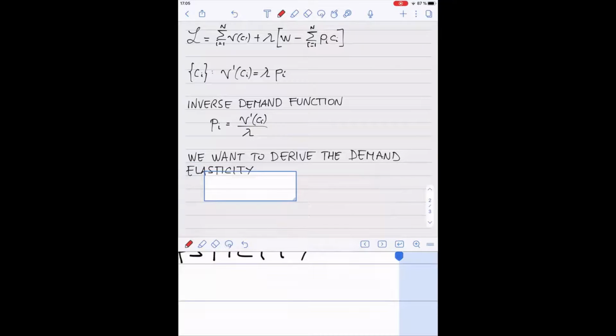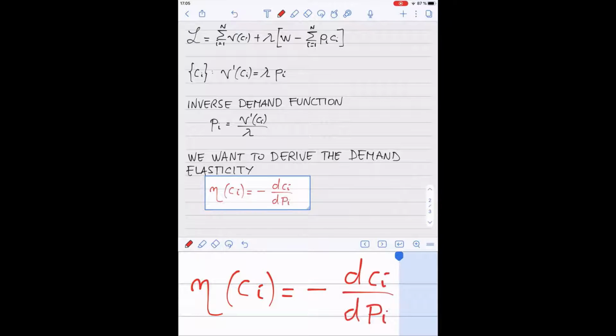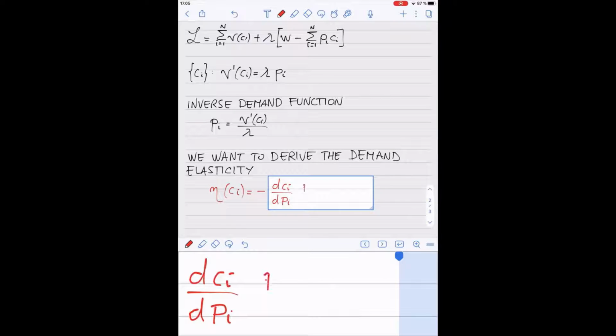So the price elasticity of demand, which we're going to denote by eta of c_i, is going to be defined as minus the derivative of c_i with respect to p_i times p_i over c_i. Okay?